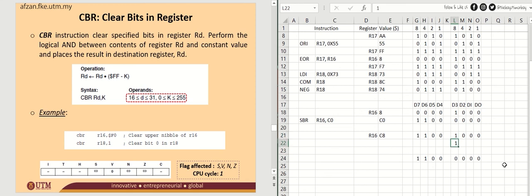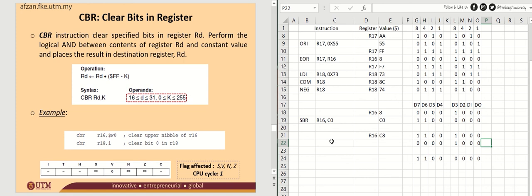What about the rest? The rest I just put 0, because for the rest of the bits, D0, D1, D2, 4, 5, 6 and bit 7, I don't want the number to change. I want the number to remain the same.